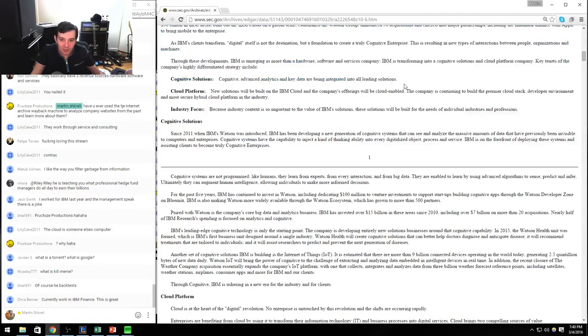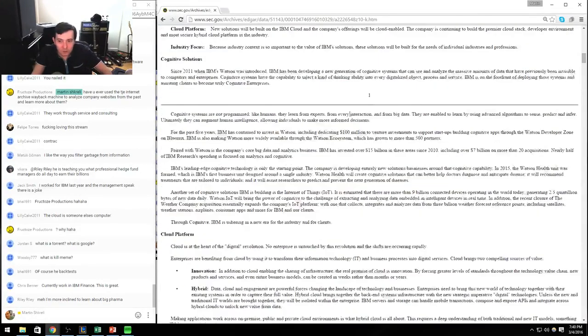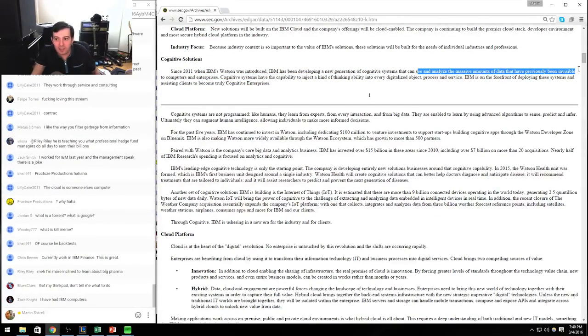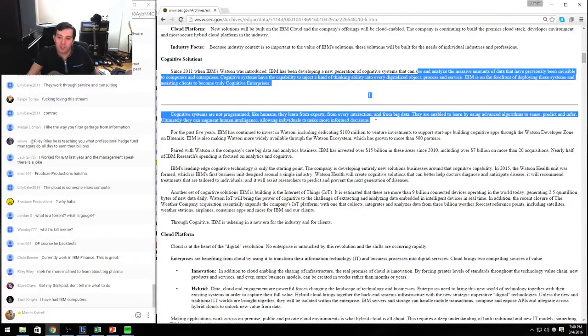Cognitive, advanced analytics and key data, cloud platform, industry focus, IBM's Watson can see and analyze the massive amounts of data that have previously been invisible to computers and enterprises. It's all kind of bullshit to me. Cognitive systems are not programmed. Like humans, they learn from experts, from interactions, and from big data.